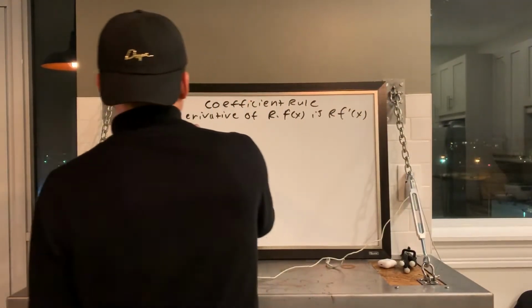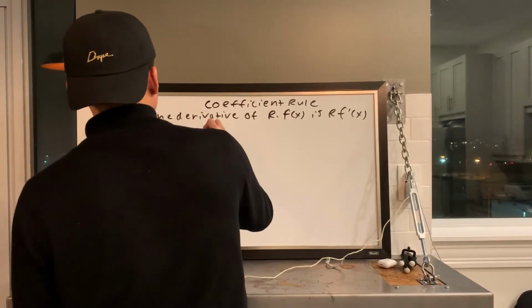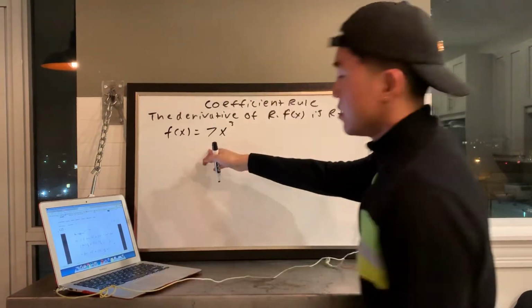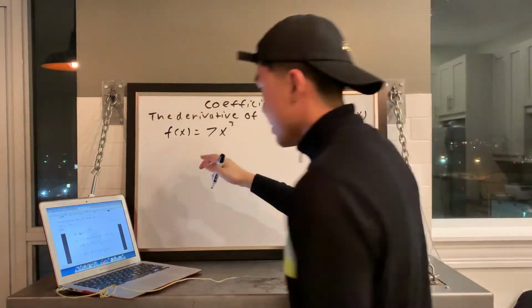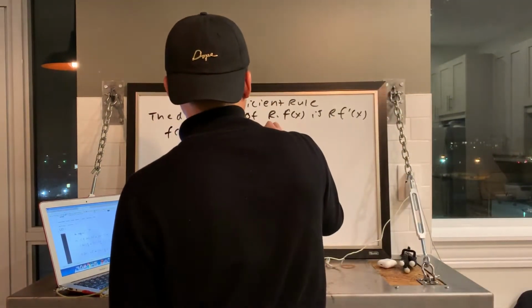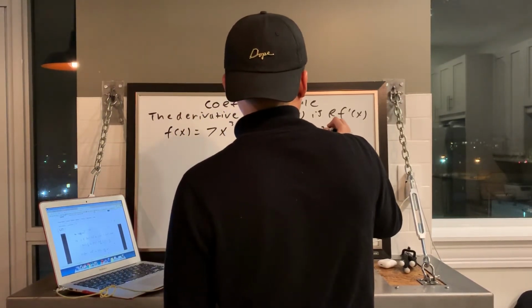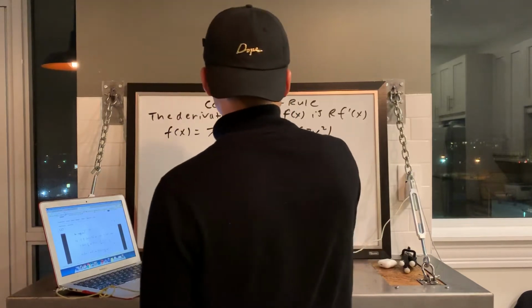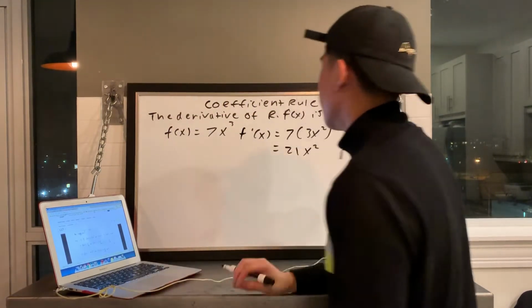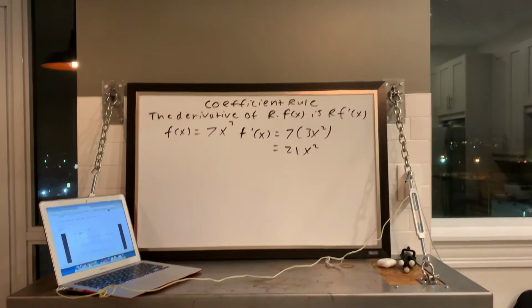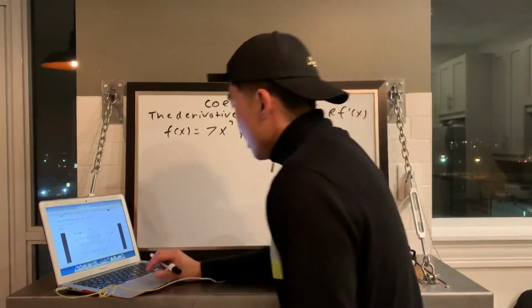So if f of x equals 7x cubed, we don't get tripped up by the 7. f prime of x is equal to 7 times 3x squared, which is equal to 21x squared. Because you just drop the 3 down, and then n minus 1 is 2. But then 7 times 3 is going to be 21.